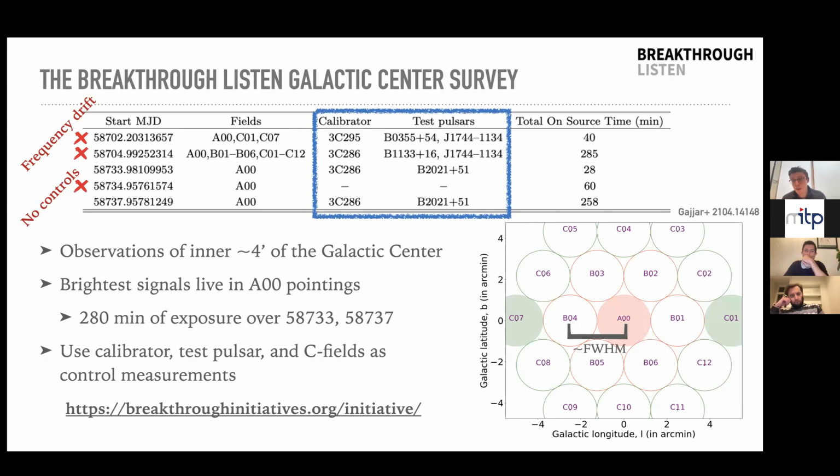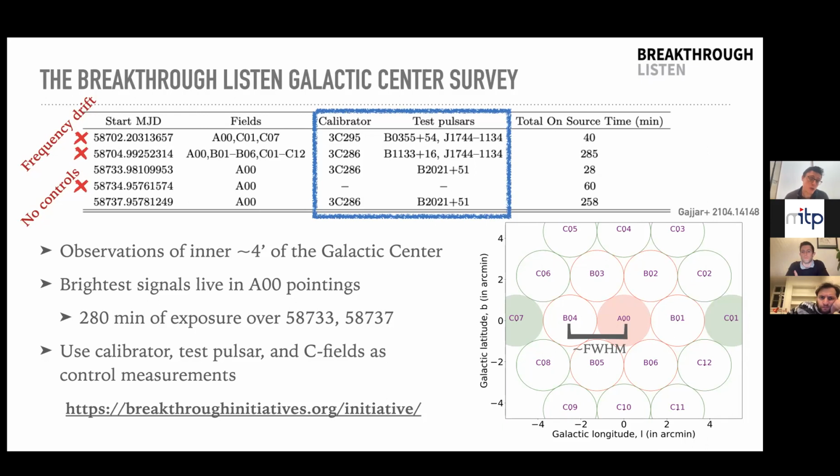Unfortunately, of course, the Earth is moving, and that's going to induce some Doppler shift of narrowband signals that are appearing in our measurements. And that would be a complicated analysis to account for both the Doppler shifting of Earth and also any Doppler shifting that may be due to the orbital motion of neutron stars at the galactic center. So we're just going to exclude those measurements for now.